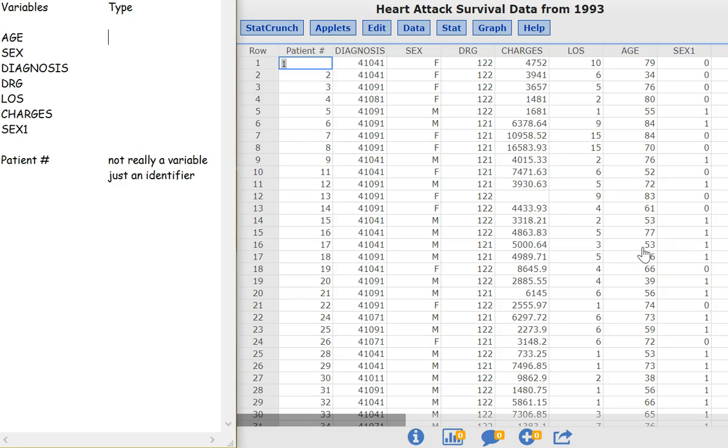The way that you can tell the difference is whether you can do calculations with the numbers and get something that has a meaning. So for example, with age, we could do things like find the average, find the standard deviation, some of the things we'll talk about in Chapter 3, and those would mean something. We could put our patients in order by their age, and that would also be meaningful.